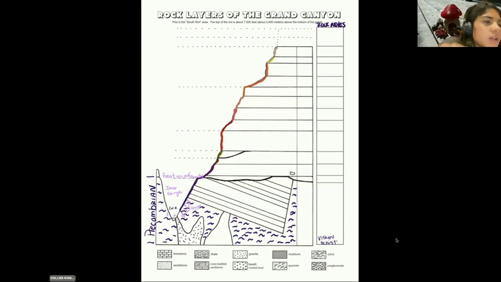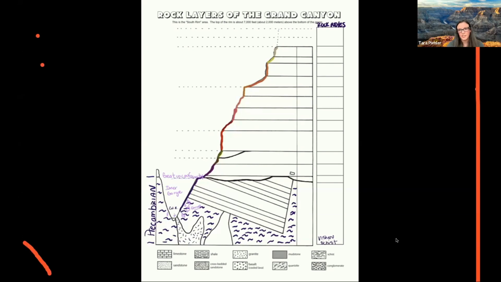Now, that looks like such little water. Well, the cool thing about it is the Grand Canyon, that gorge is so ginormous. You can put all of the water from all of the lakes and rivers around the world into this gorge, and it wouldn't fill it up halfway. That's how huge the Grand Canyon is.